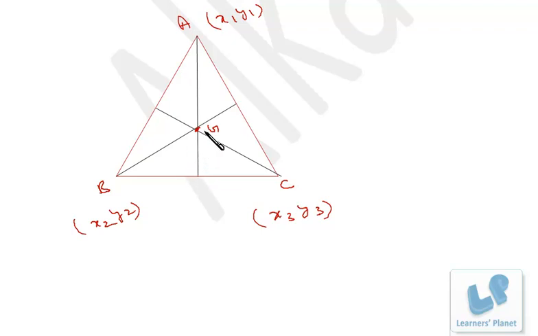Right? Now you must be knowing that centroid divides the median. This is what AP, BQ and CR, the three are medians. Now, the centroid divides the median in the ratio 2:1, right? Okay, so what we have to do? We have to find out the coordinates of G, that is centroid.